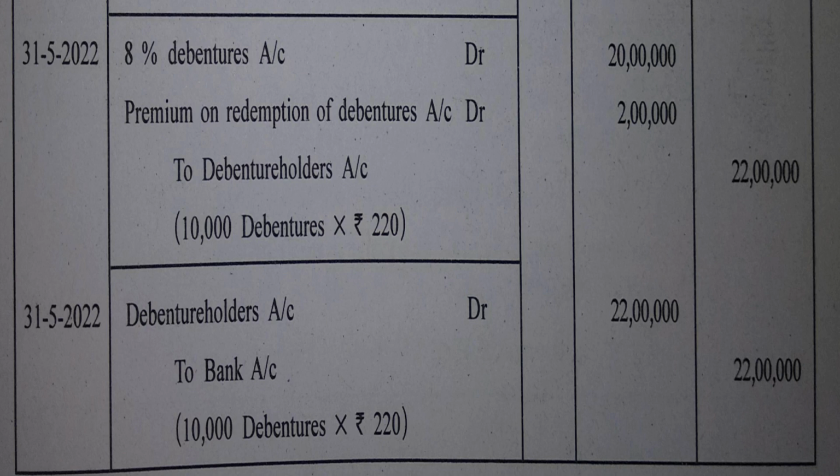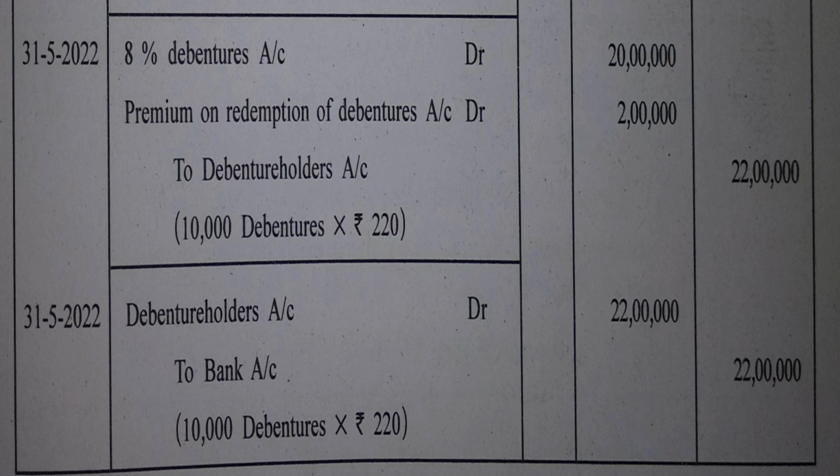Now in this case, if you are confused at any point that ma'am, debentures were issued at rupees 210 and are redeemed at 220, so premium on redemption can be rupees 10 only. But no. Debenture at the time of redemption is always to be compared with its face value. And face value is 200.